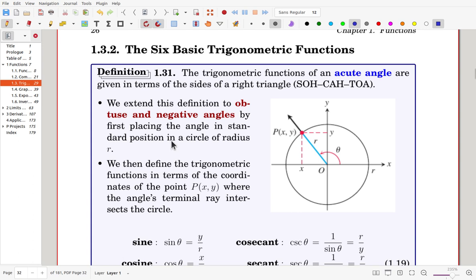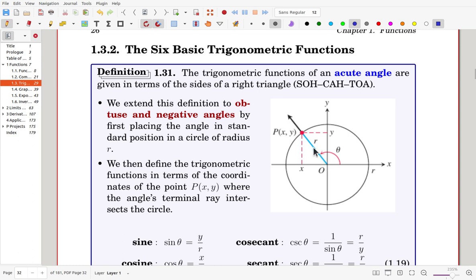we will try to define trigonometric functions. Let's begin with a circle of radius r, so that every line segment from the origin to the circle will have length r.